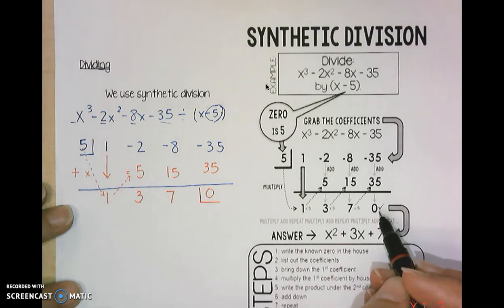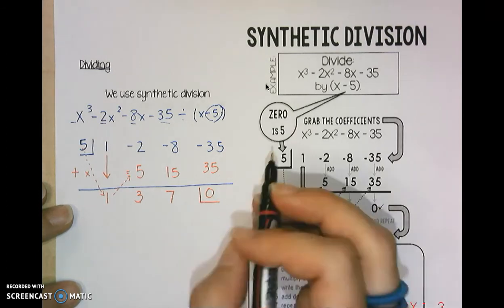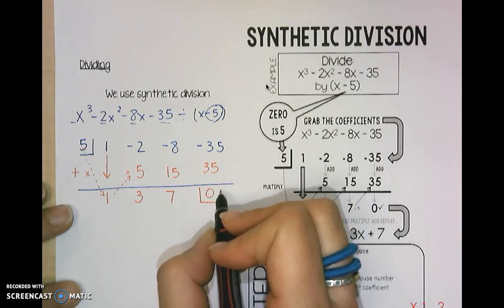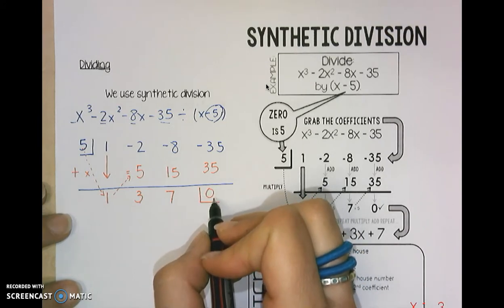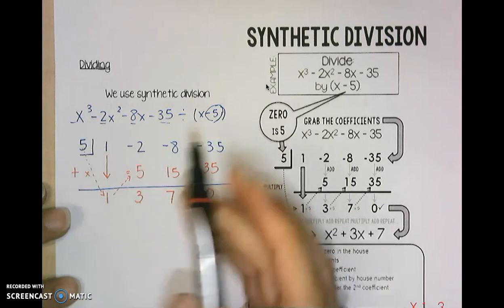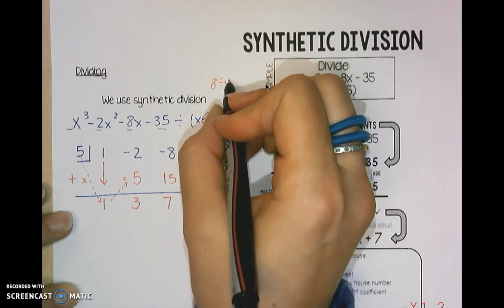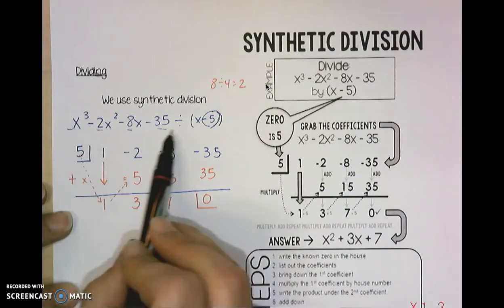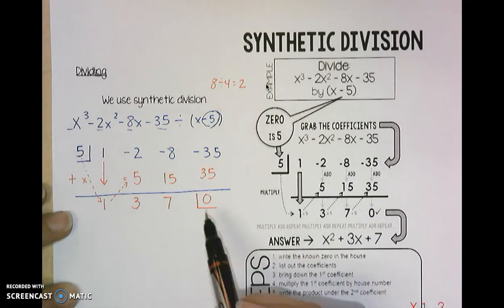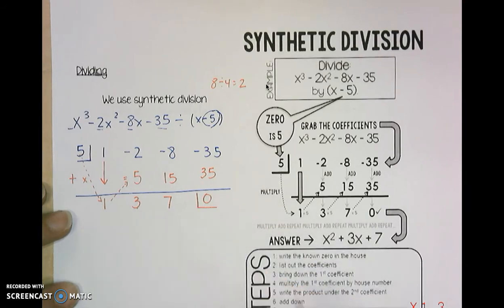I know they don't do it on the graphic organizer, but I always do. This is always your remainder. Because this has a remainder of 0, it divided evenly. It's like saying 8 divided by 4 equals 2 with nothing left over. Same thing here: all of this divided by x minus 5 equals this with no remainder.